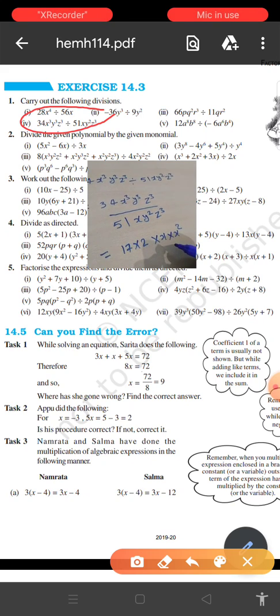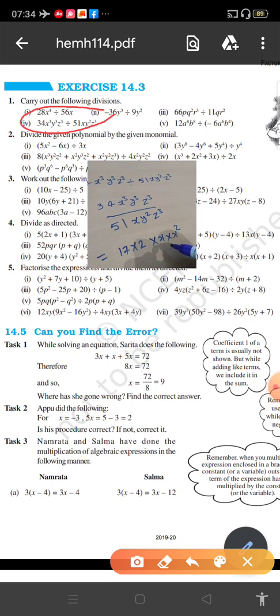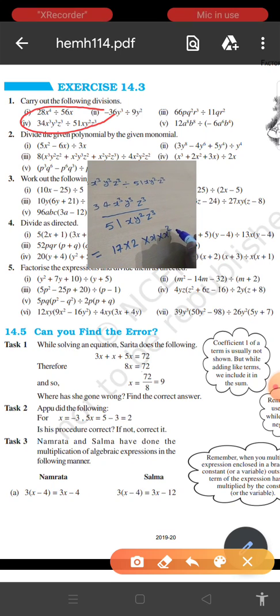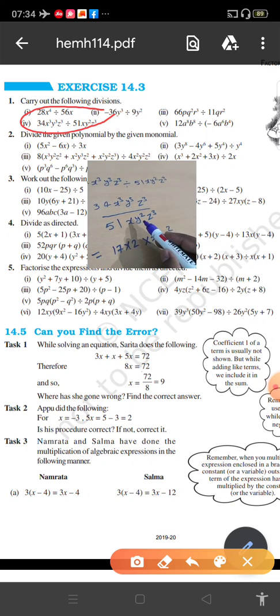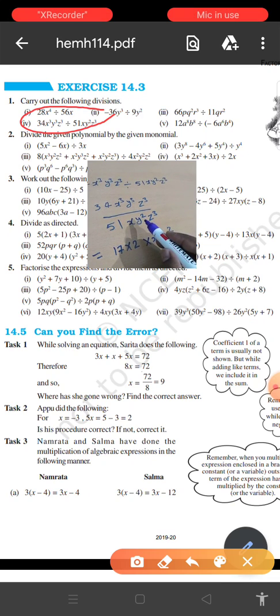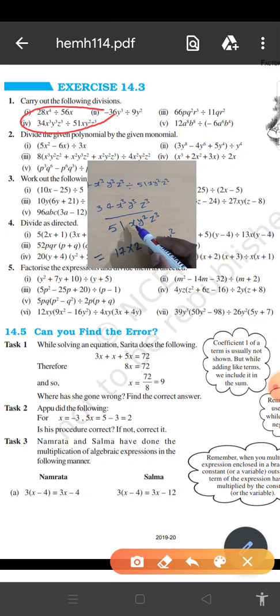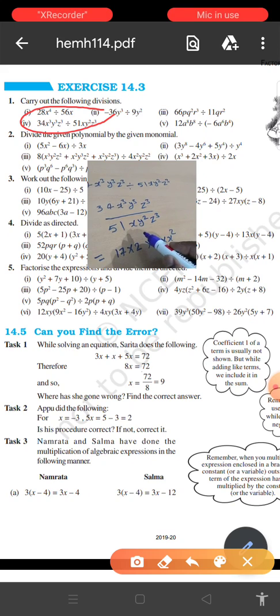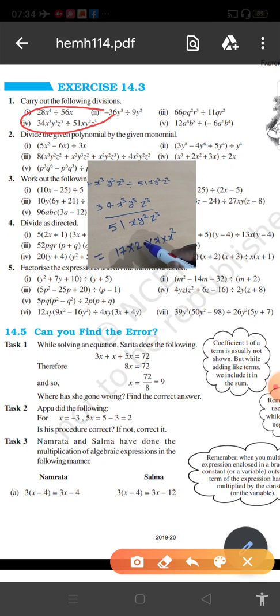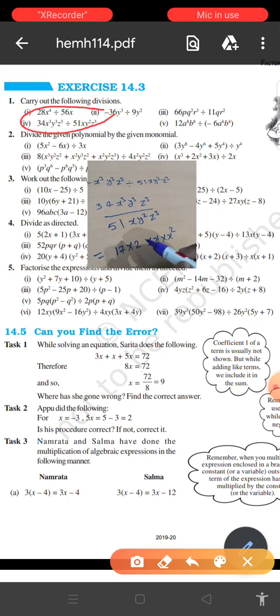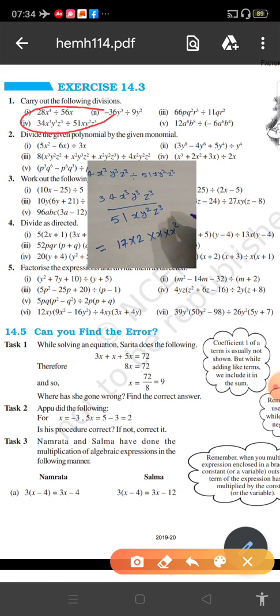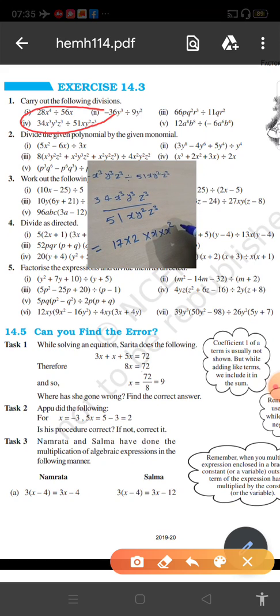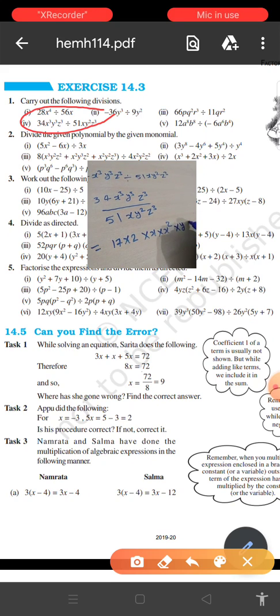And now after this y power 3, so we also do it, because here y power 2, so we break y power 3 as y power 2 into y power 1. Here x power 1, so we break x power 3 as x into x power 2. So this is easily cancelled. So we write like this, y power 3 you can write y into y square.